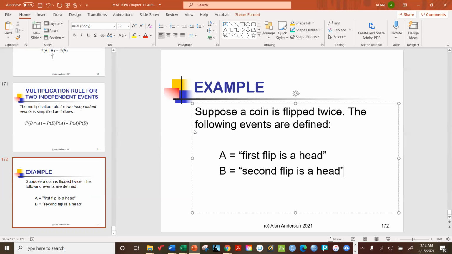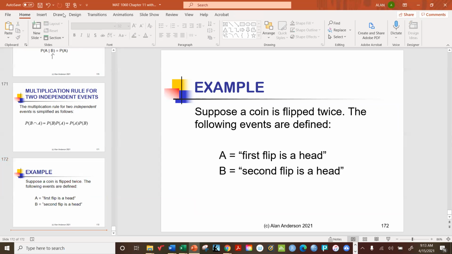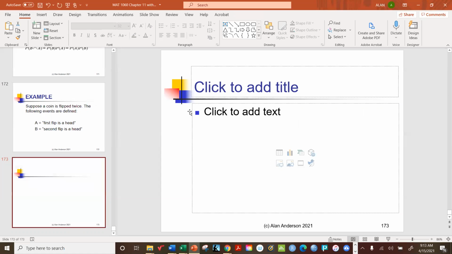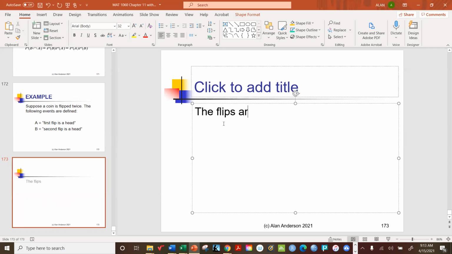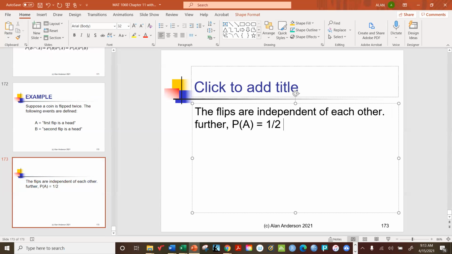The coin doesn't remember what flips it has already had. So each flip is completely independent of the other flips. So therefore, the flips are independent of each other. Further, P(A) equals a half, and P(B) also equals a half.